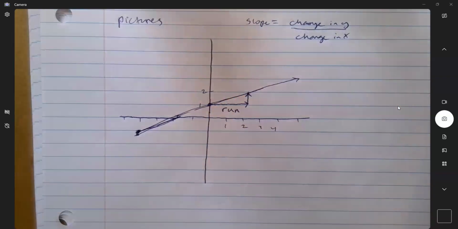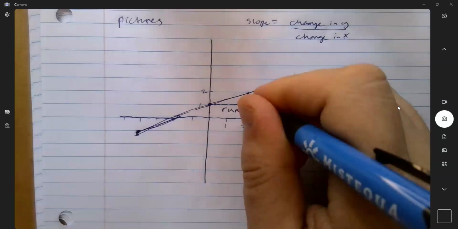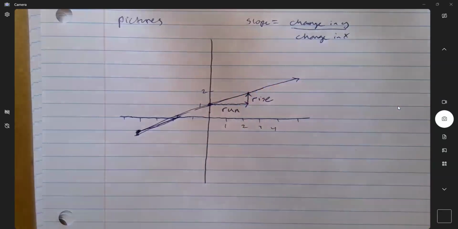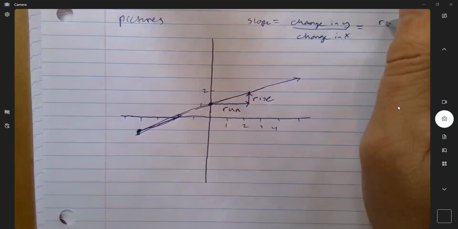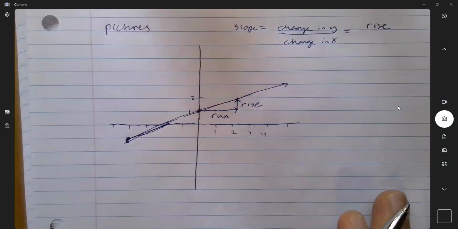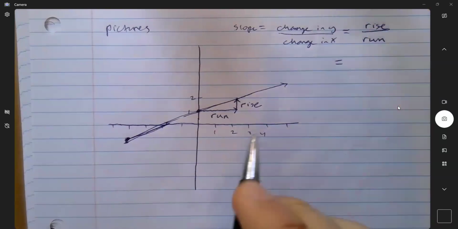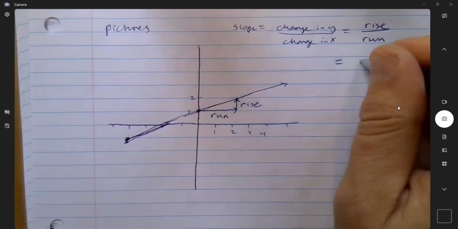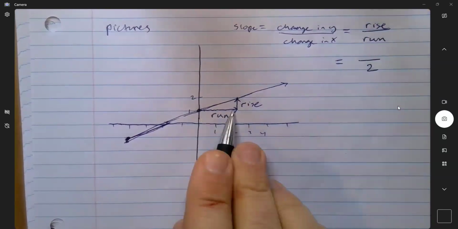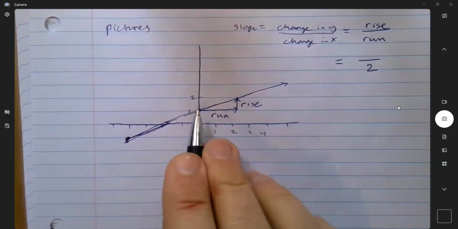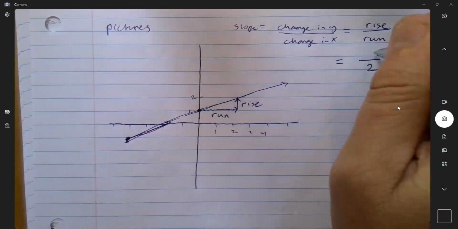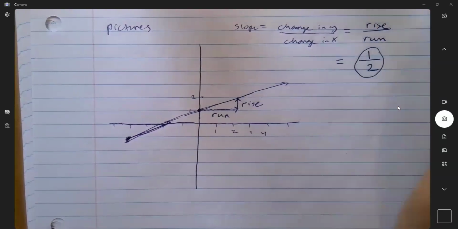We often refer to the change in x as the run and the change in y as the rise. So another way to think about slope is rise over run. My run was 2 because I went from 0 to 2, and my rise is 1 because I went from 1 to 2. And so that's my slope.